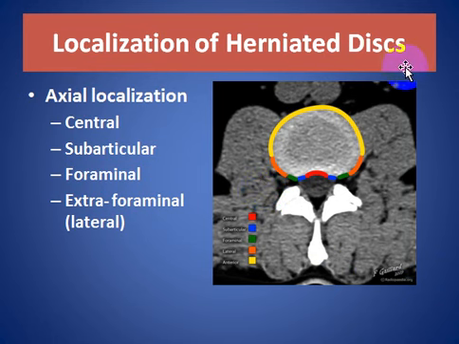Localization of herniated disc. According to the axial localization, we have the central location, the subarticular location, the foraminal location, and the extraforaminal or lateral location, and we have the anterior localization.